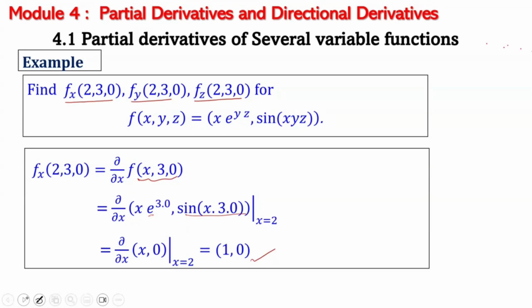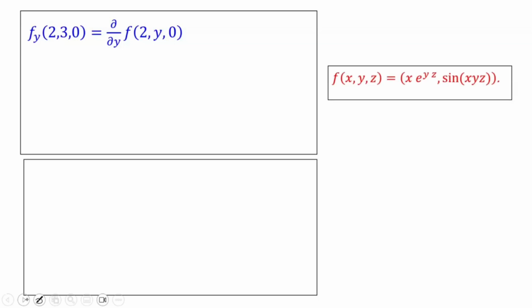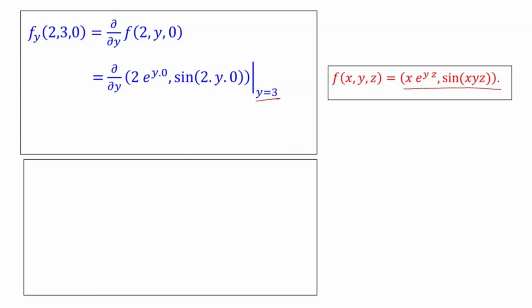Now what about with respect to y and with respect to z? With respect to y, again we substitute the value of x and the value of z, and y is kept as it is. So we take the derivative here, calculated at the point y equals 3. Here we have the function f(2, y, 0), so we put x equal to 2, y as it is, and z equal to 0.